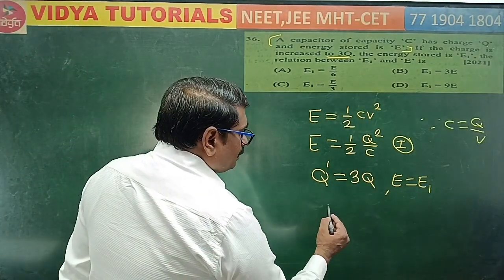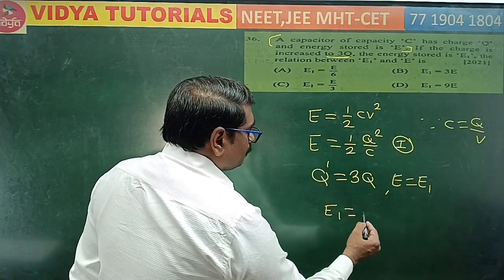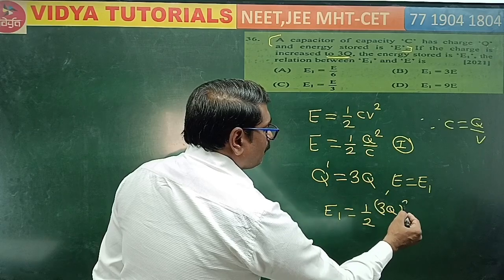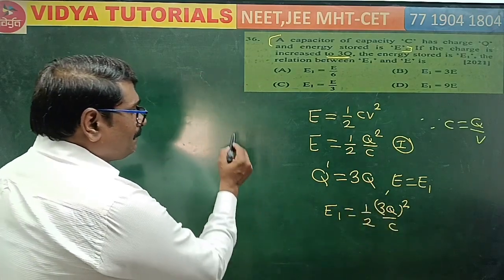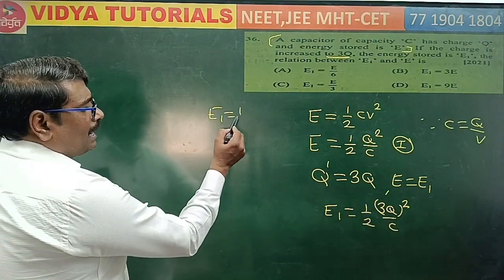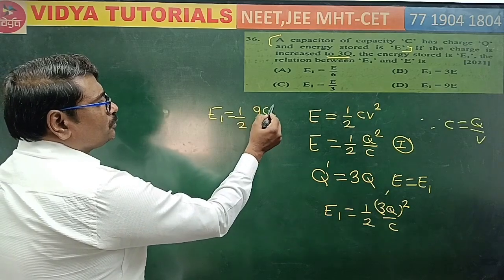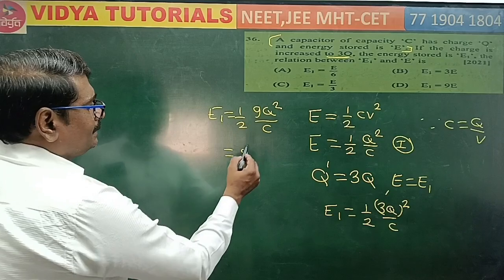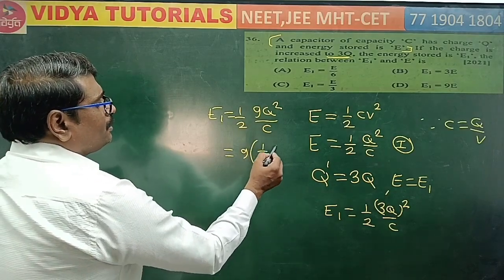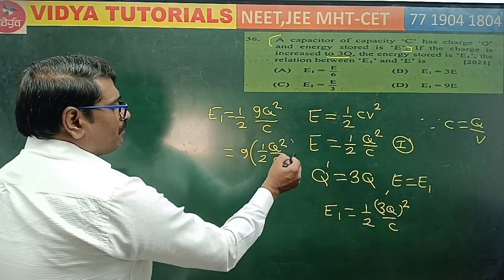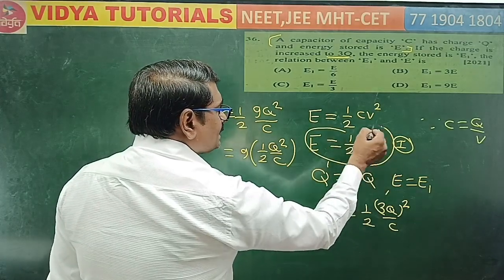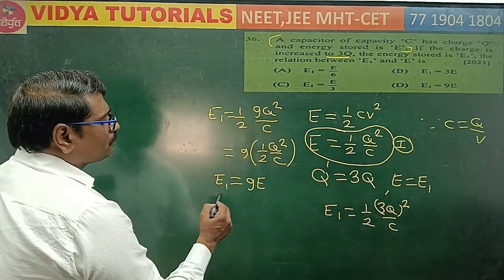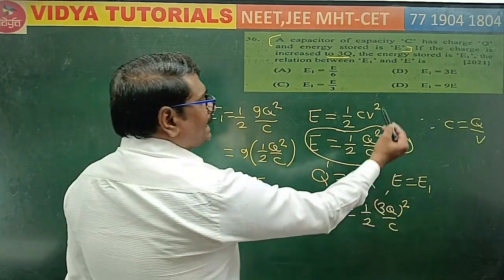From this condition we can say that E1 is equal to half thrice Q square upon C. By simplification, E1 is equal to half 9 Q square by C. It means 9 times the bracket half Q square by C. And from the first equation, the value of this is E, and therefore E1 is equal to 9 times E. Therefore the correct answer is D.